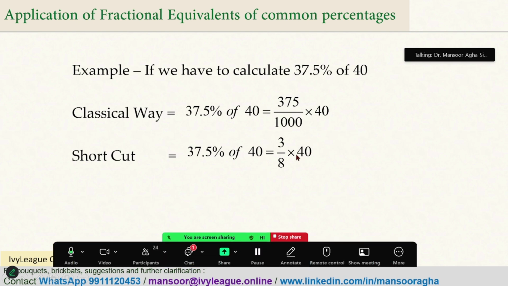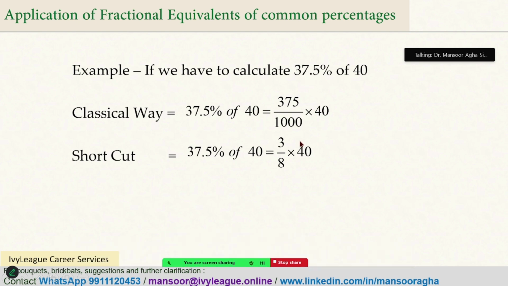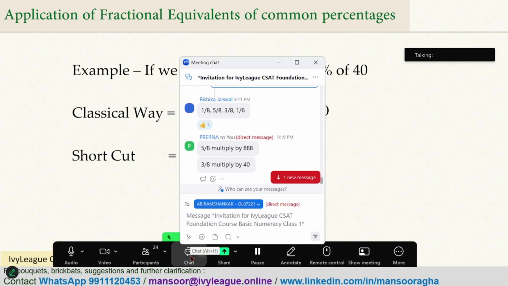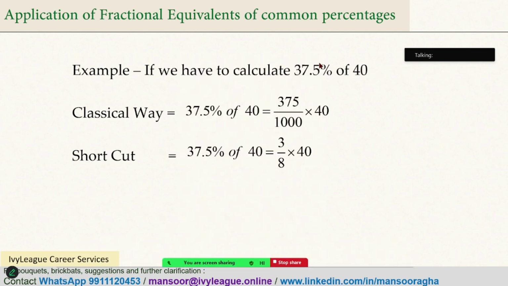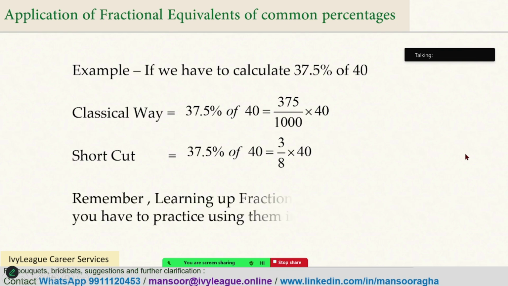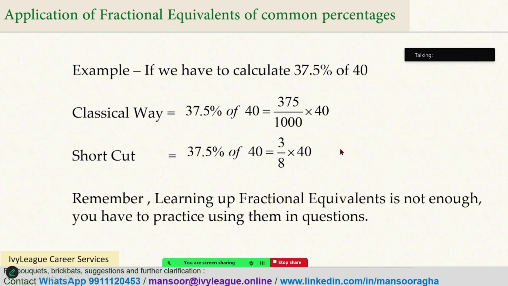This is easy, this is difficult. So you will have to mug up what 37.5% is equal to. It is 3 by 8, simply. Now, just mugging up is not enough. You'll have to practice it forcibly when you're doing calculations, when you're doing questions.